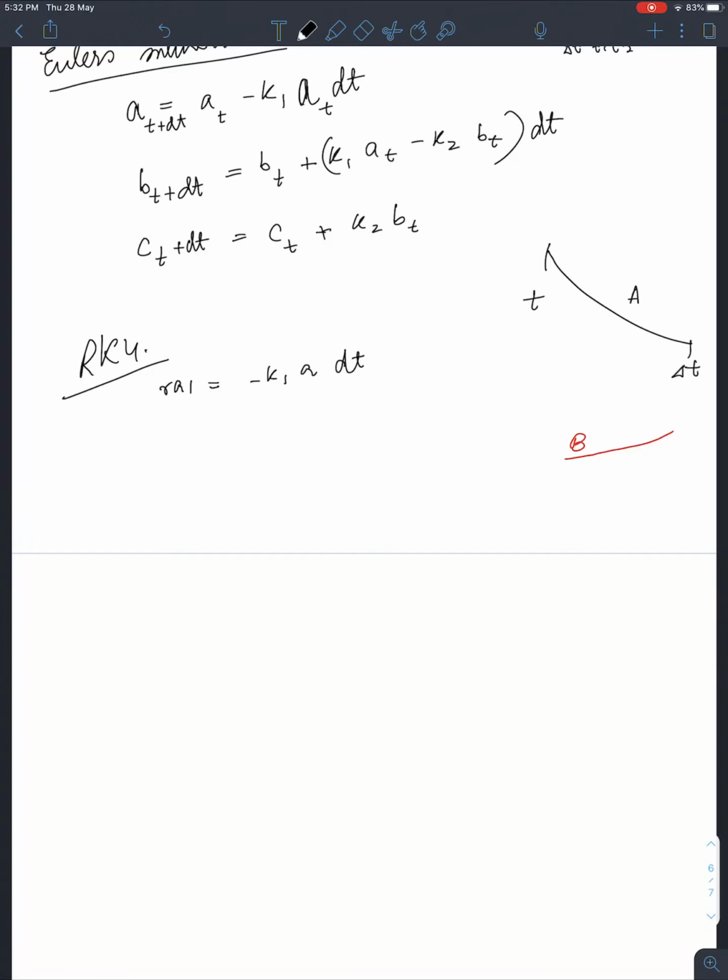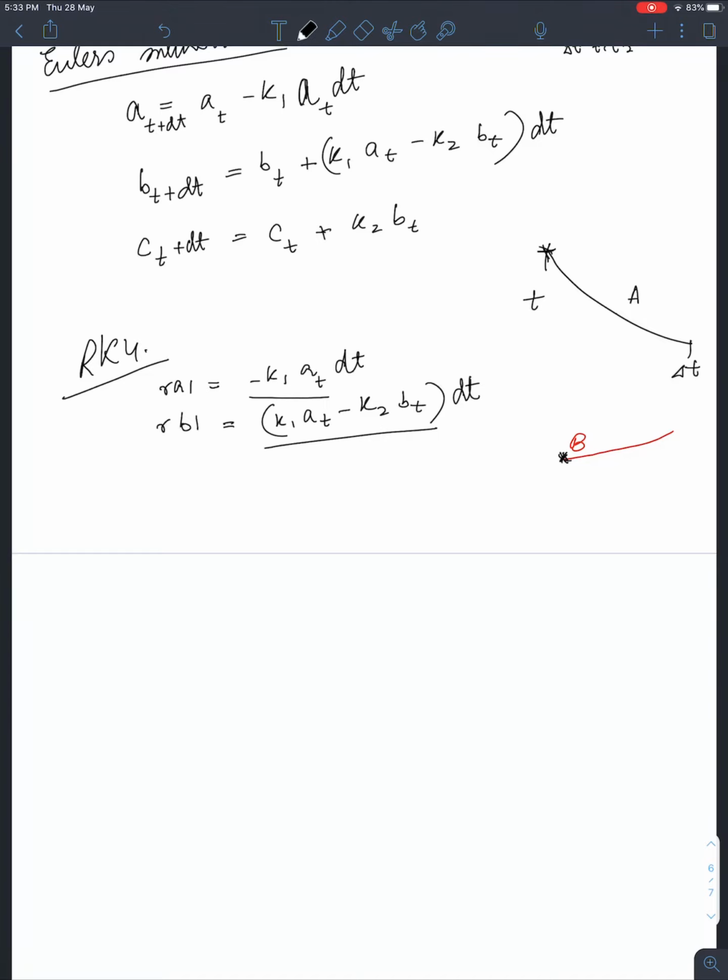RA1 is equal to K1A dt. Similarly, we need to have a RB1 soon after that. We are not going to do RA1, RA2, RA3, etc. We are going to find the slope at the first point for A and B. So B is equal to K1A minus K2B into dt.